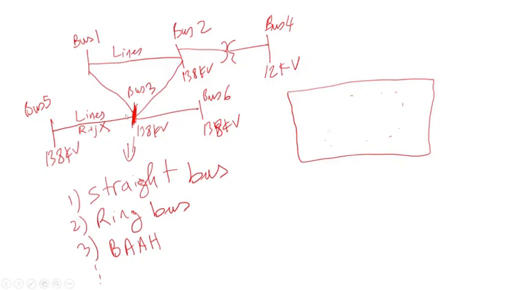It has 4 lines connected to it. If it's a straight bus, basically you have a conductor. It could be a pipe bus or some kind of conductor or strain bus.